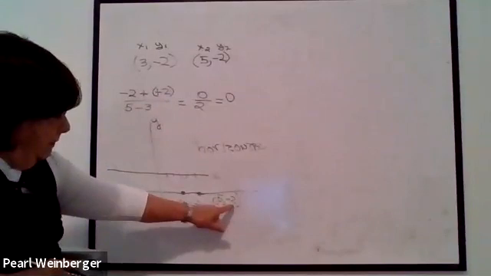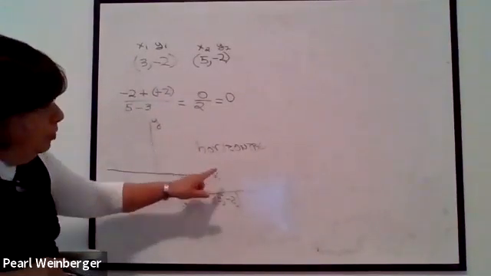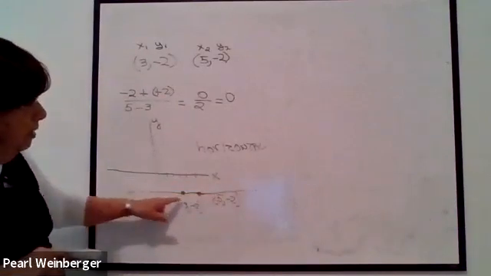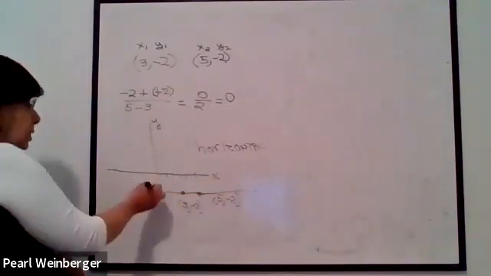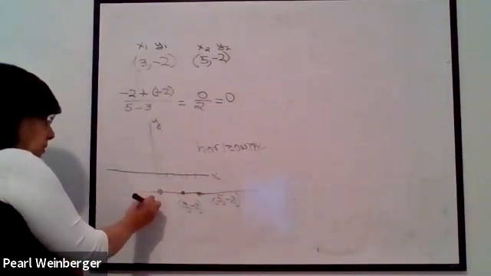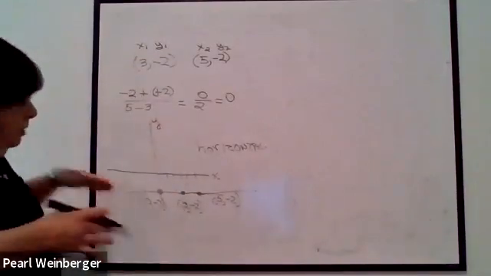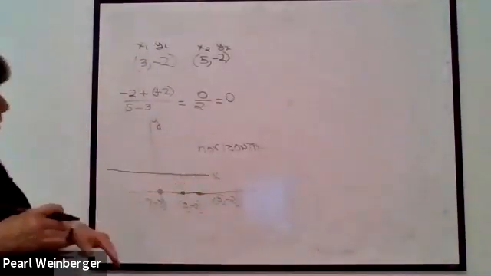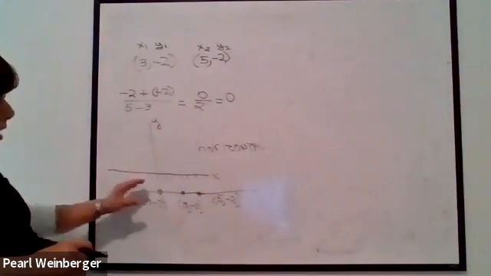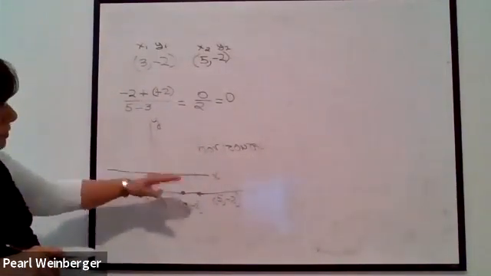Notice all the y values of the points are going to be -2. Where it crosses the y-axis is going to be 0, -2. That's because it's not going up, it's not going down, it's just going straight across. It's a line whose y values are always the same.